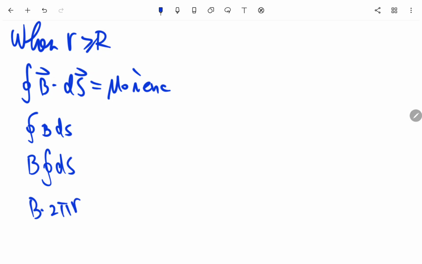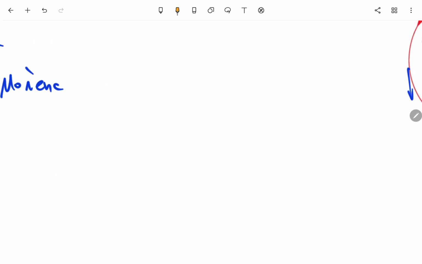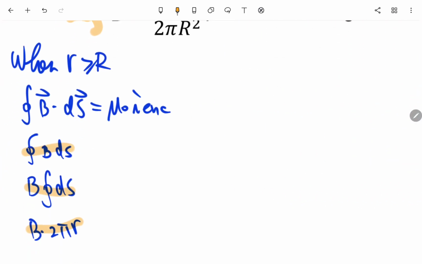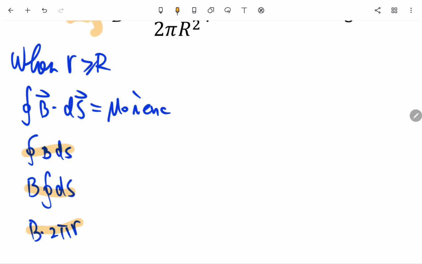This kind of argument will appear over and over again, so I won't repeat it anymore, because it is a standard procedure.